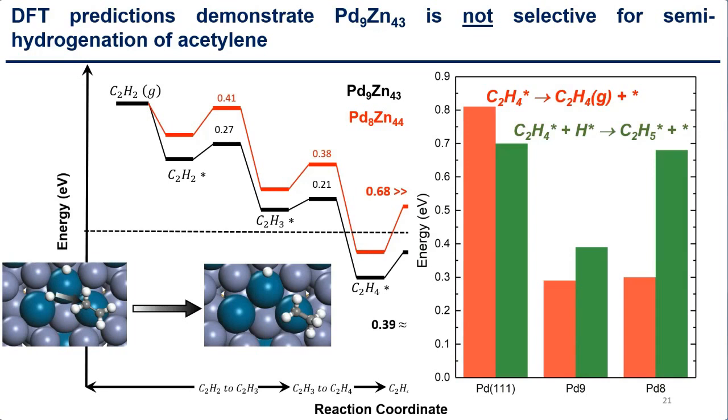Whereas when we move to palladium-9, we can see that there is a switch in the order of these barriers, and we're able to desorb some fraction of adsorbed ethylene. But as we move to palladium-8, we see that selectivity for ethylene is even greater because of the stark differences in the barrier between desorption and half hydrogenation.